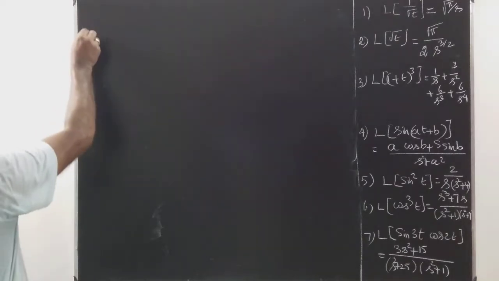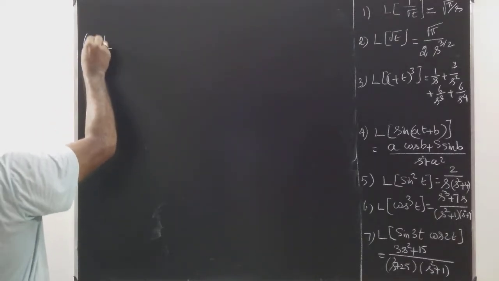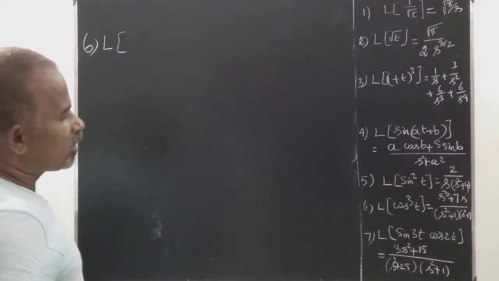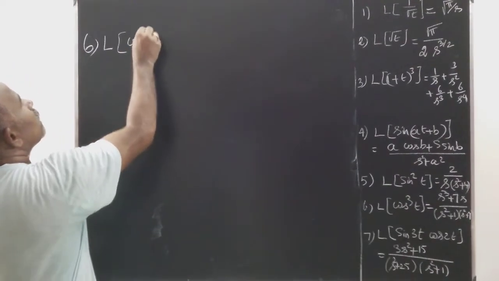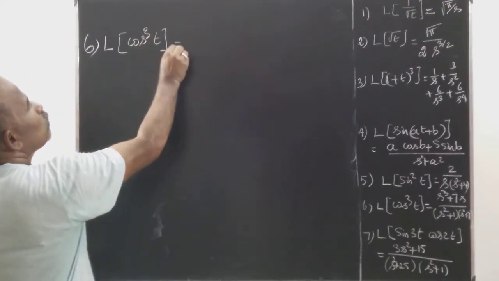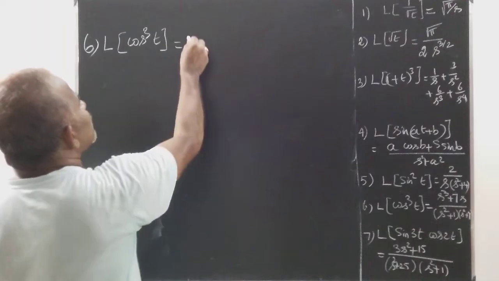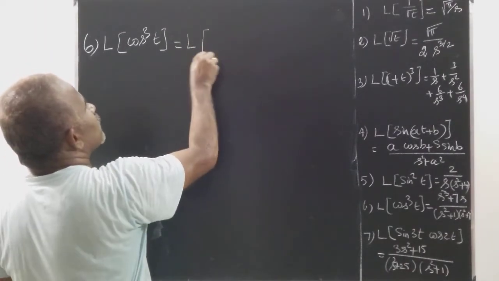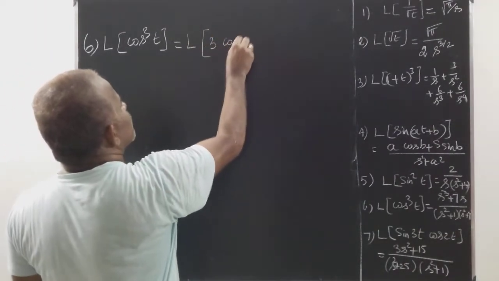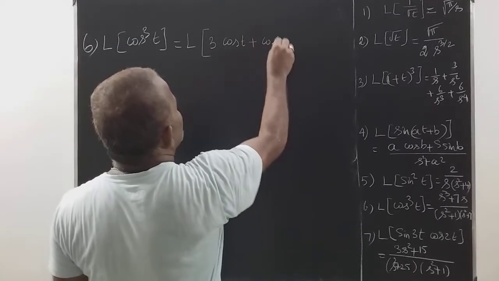Sixth one, Laplace transformation of cos cube t. Cos cube t is equal to, Laplace transformation of 3 cos t plus cos 3t.